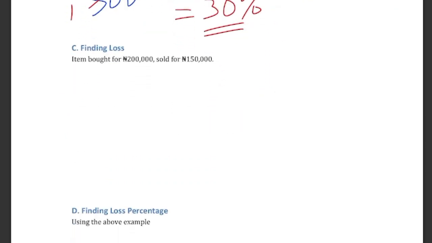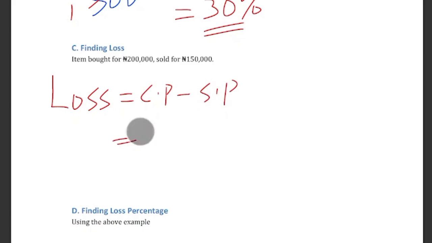Then finding loss. Now, item bought for 200,000 naira and sold for 150,000. You can see the price at which this product is sold is less than the price at which it was bought. So that means we find the loss. So loss is going to be cost price minus selling price.